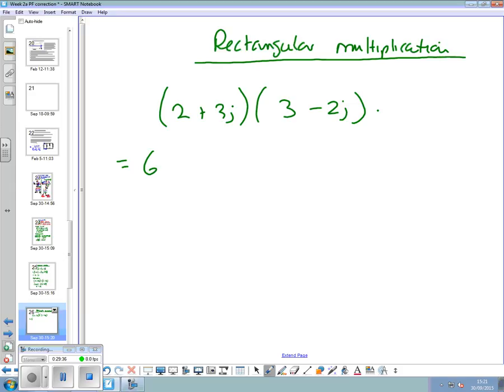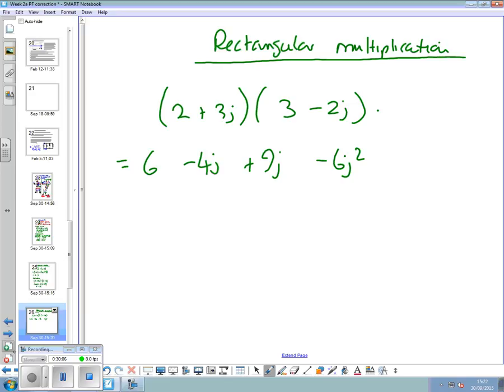What goes in between? You've got 2 times minus 2j, so that's minus 4j. 3j times 3, which is plus 9j. So you get minus 6j squared. What's j squared equal to?